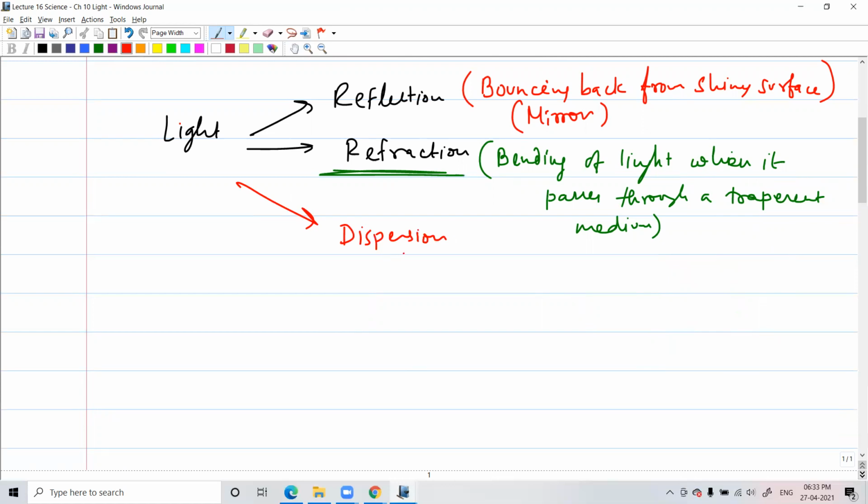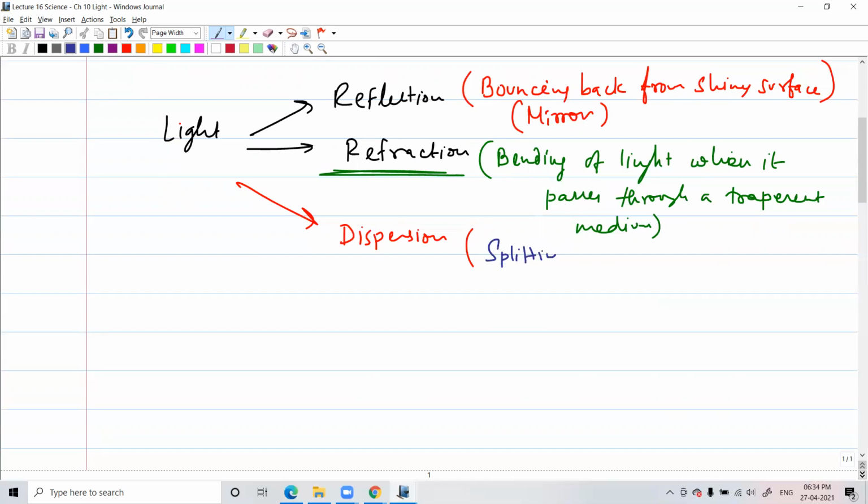Anybody knows what is dispersion of light? Nobody has heard of VIBGYOR? The light gets split up into 7 colors. The white light from the sun would split up into 7 colors when it passes through a prism.